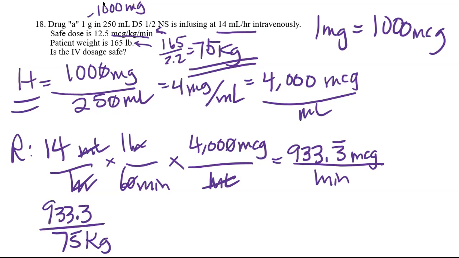So we go 933.3 divided by 75, and we're going to get 12.4. Okay, so that's 12.4, and that's going to be micrograms per kilogram per minute.